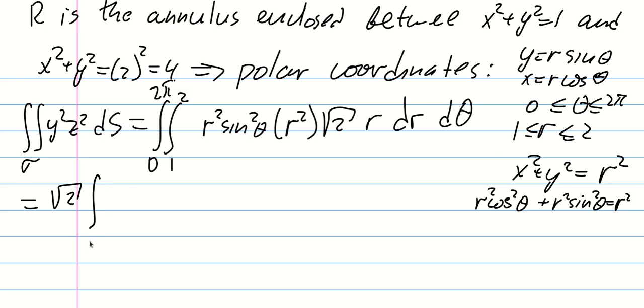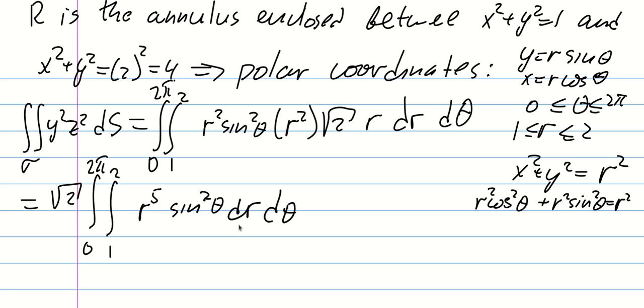So we rewrite 0 to 2 pi, then 1 to 2. So let's try to calculate this. We have r squared, and r, so it's r to the 5. And we have sine squared of theta dr d theta.